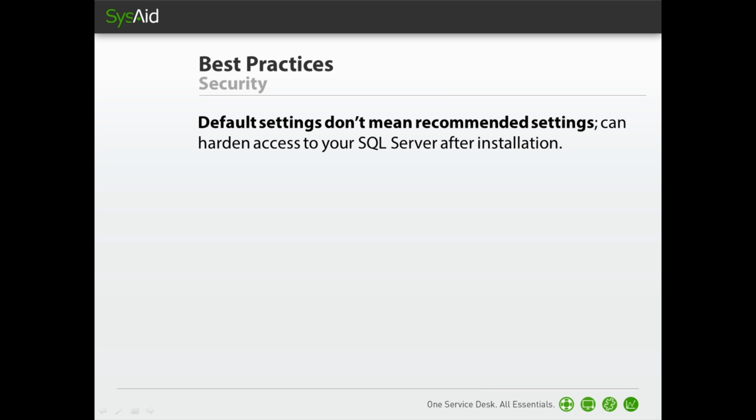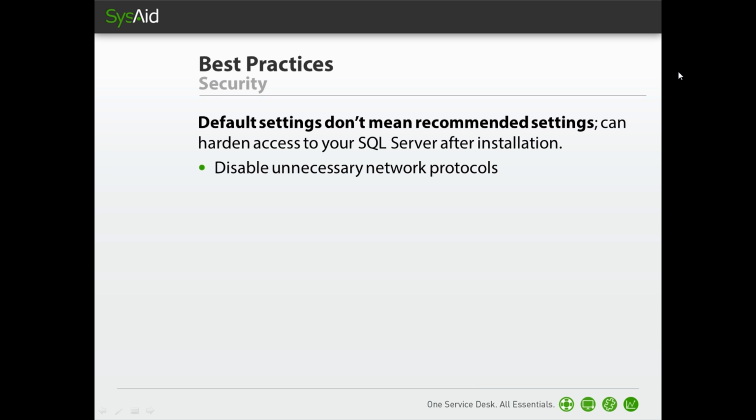This is something we need to remember specifically with systems that store important data. And a database can store some really sensitive data. And the default settings it comes with out of the box when you finish installing Microsoft SQL don't mean they are the recommended settings. Let's review some of the best practices here.